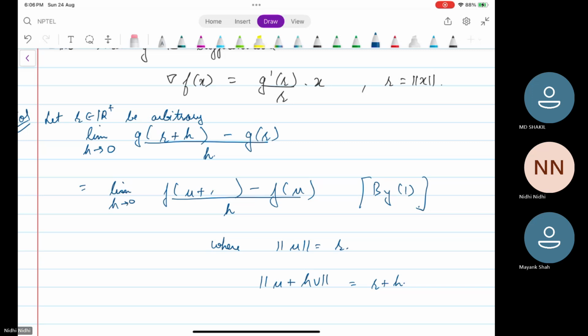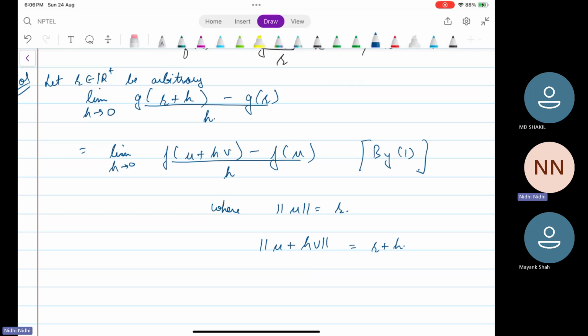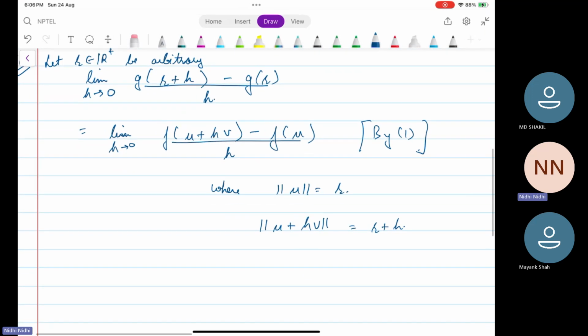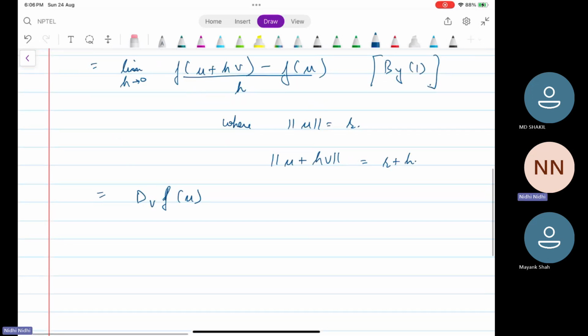So now since f is differentiable, we know that this limit exists, which is basically the directional derivative of f in the direction of v at point u. Now since f is differentiable, D_v f(u) exists for any v.